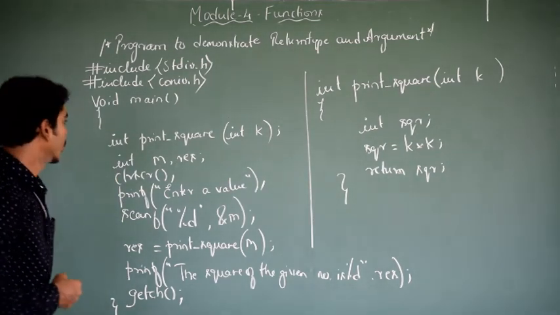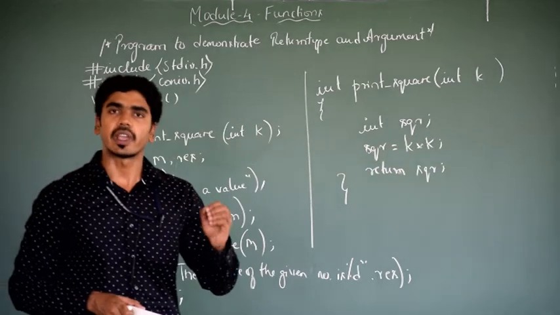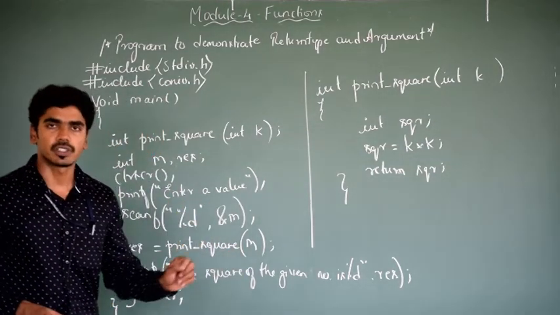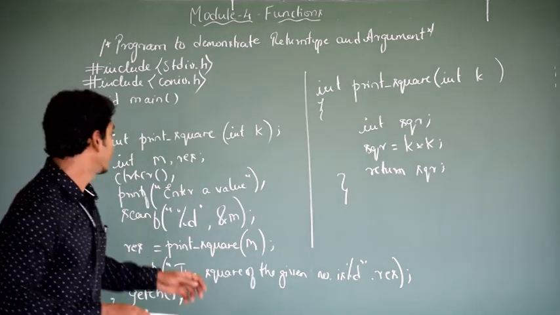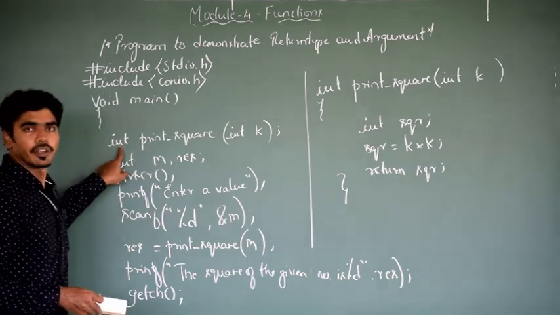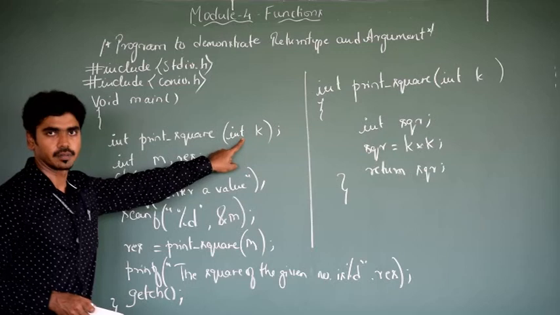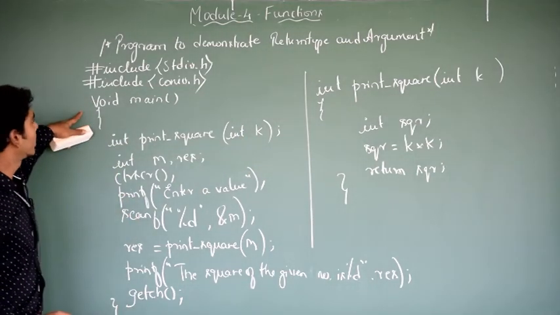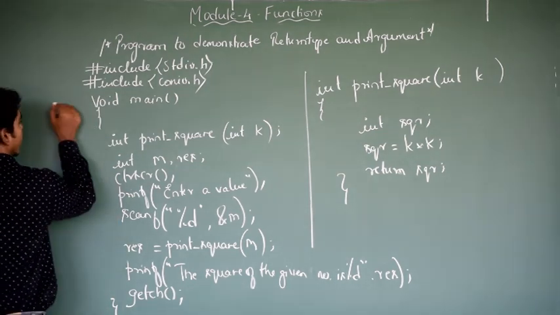This program is going to find the square of any given integer number, but here the type of user defined function it is going to use is a function with return type and an argument. So let's execute this program. As usual, the program execution always starts from main.